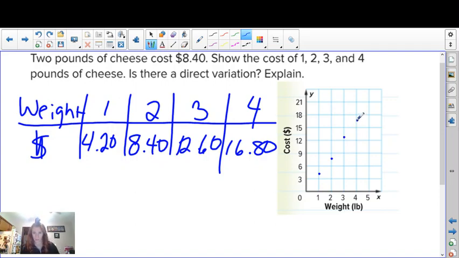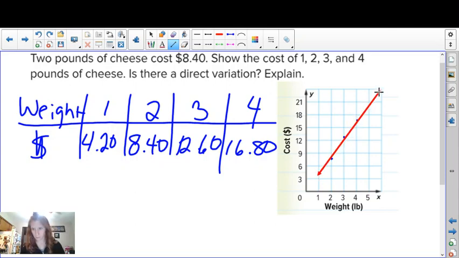Now again, my dots are not in the best spot. Trying to do this on a computer is not the easiest thing. I can definitely hand draw this a lot better than what I just did. I'm not terrible. I think I'm going to try and make it a little bit more accurate.